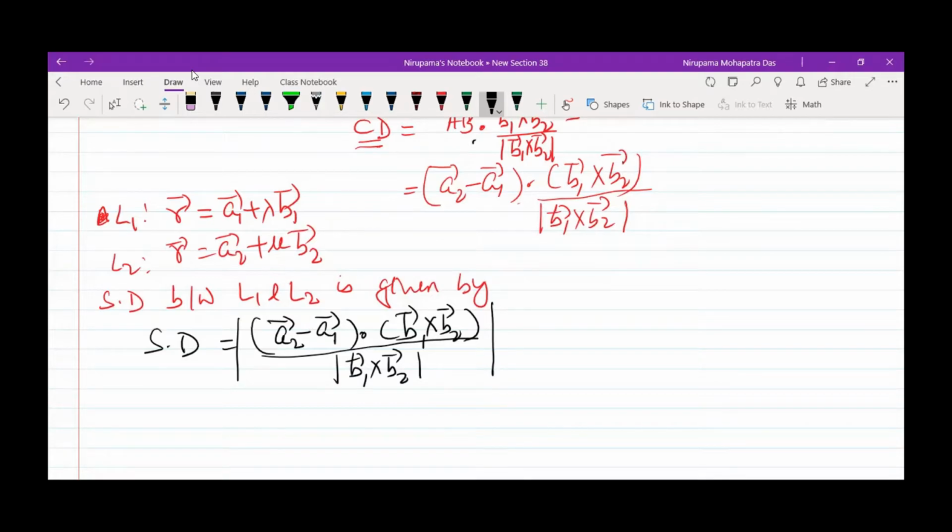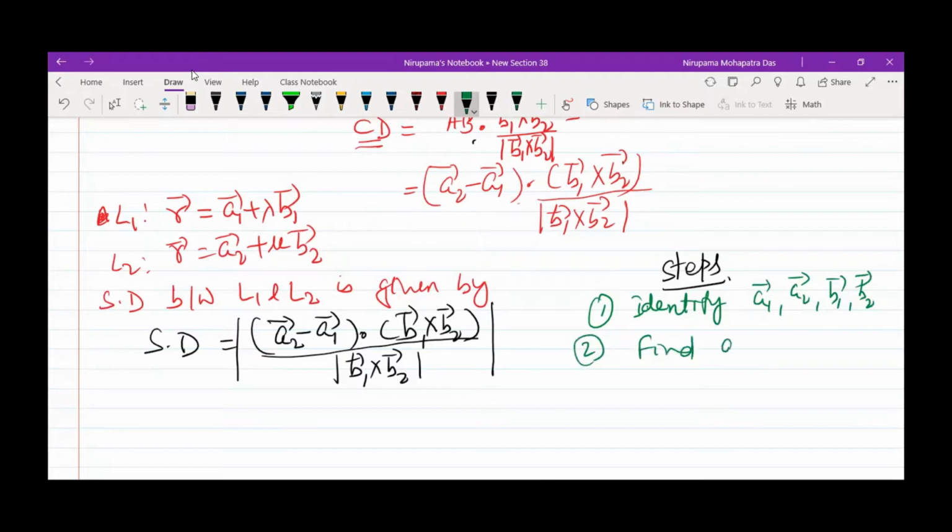So what you need to do here, the steps of solution. First step is to identify A1 vector, A2 vector, B1 vector, B2 vector. Then the second step is to find A2 minus A1 and B1 cross B2.